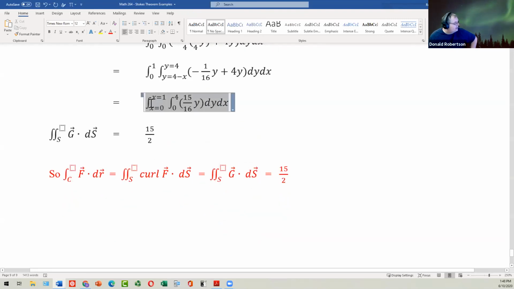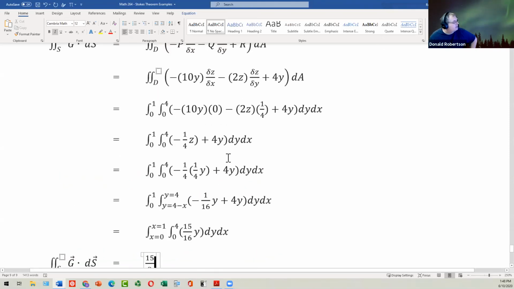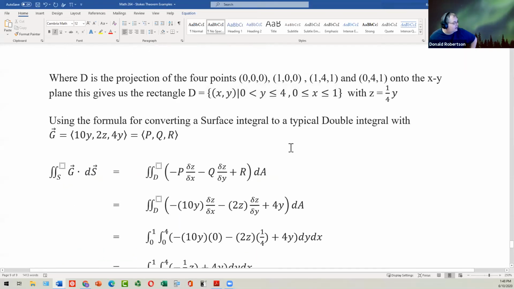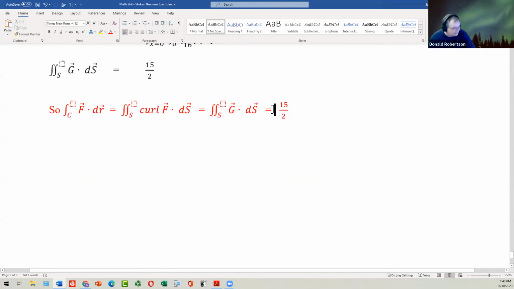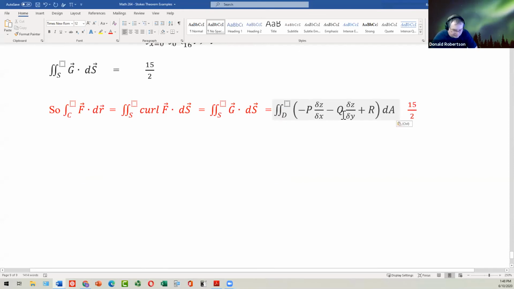And this fella, eventually, is 15 halves. There's still a little bit of work, but you can do it. And for completeness' sake, we're done.